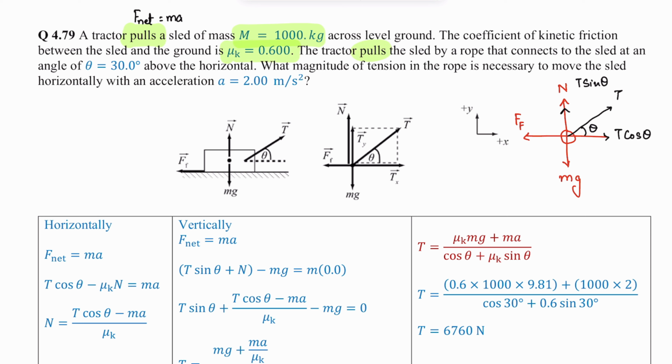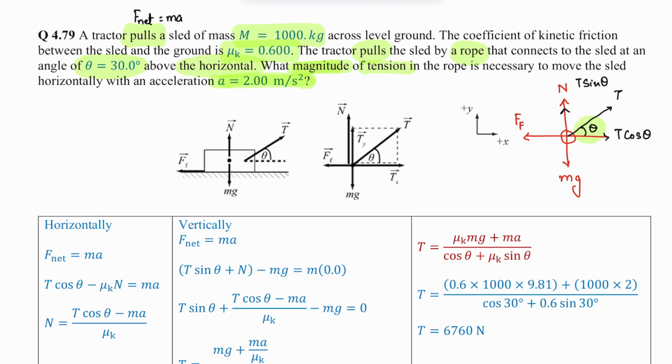The tractor pulls, meaning there is an F net, the sled by a rope tension that connects to the sled at an angle, given above the horizontal. The angle is with the horizontal. You can understand from here. What is the magnitude of tension of the rope necessary to move the sled?